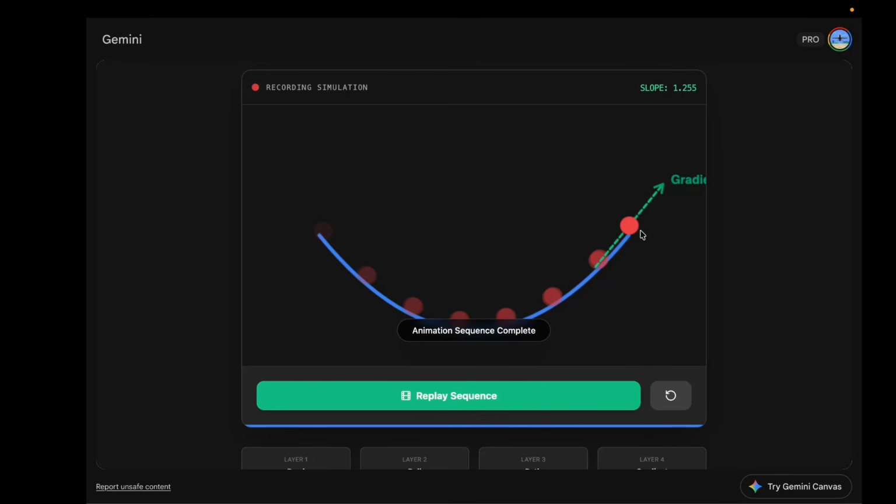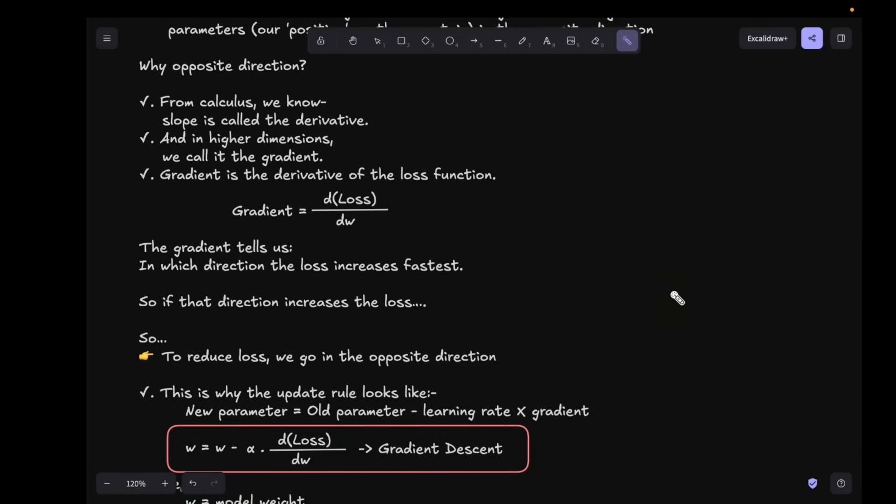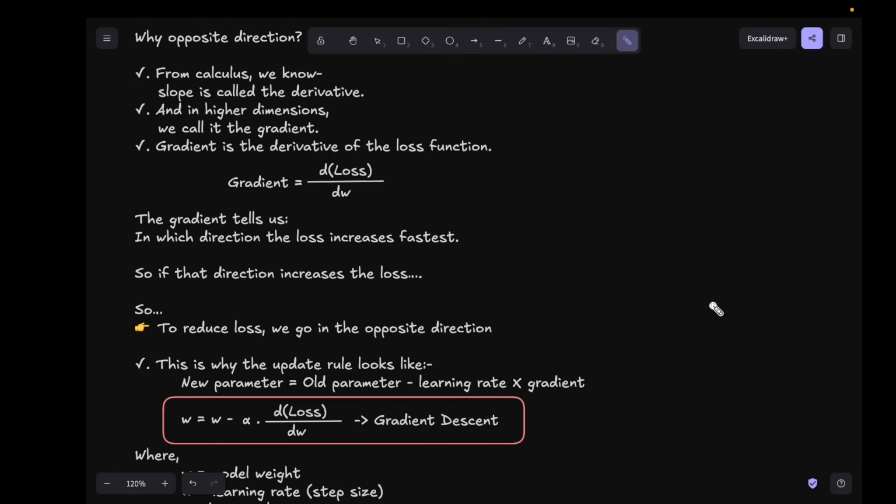So we want to reduce this slope. So we should go to the opposite direction of the gradient to reduce the loss and get the best possible solution for our model. So in gradient descent, to reduce the loss, we go to the opposite direction of the gradient.